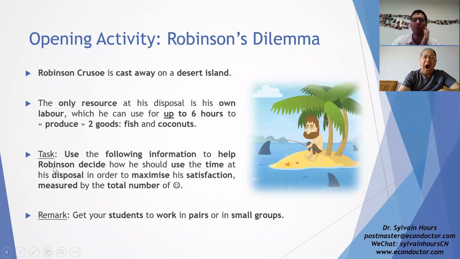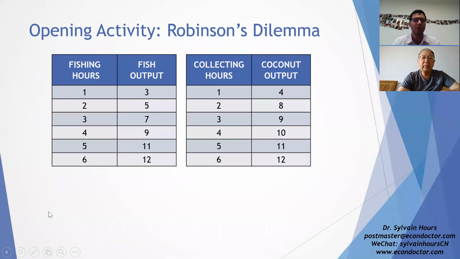So what information do we give to the students? You will give them information about basically the production function, Robinson's production function. So the relationship between the time that he allocates to the production of each good and the output that he can produce. Okay, so the first table is the production function for fish, and the second table is the production function for coconuts.